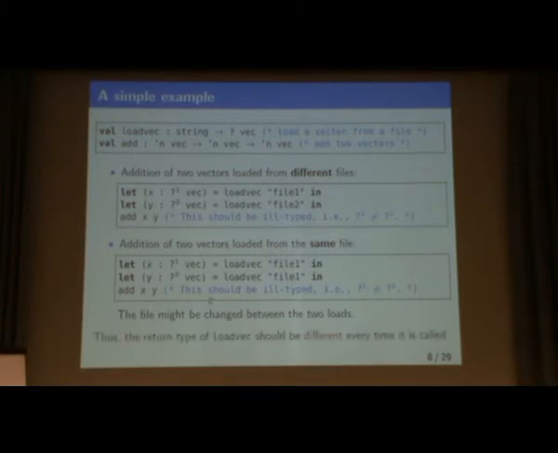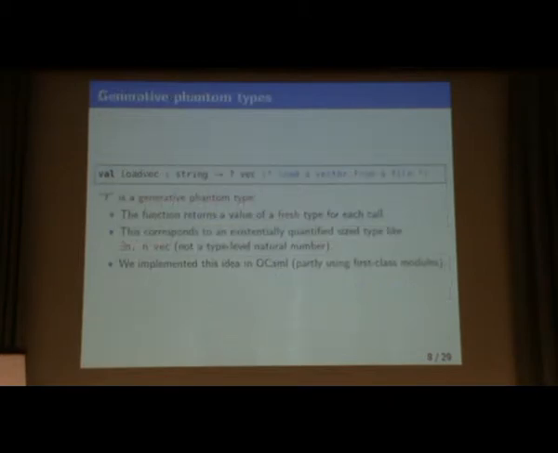So for that purpose, we use what we call a generative phantom type. Conceptually, it's a fresh type generated every time the function is called. And theoretically, it's an existential type of this form.